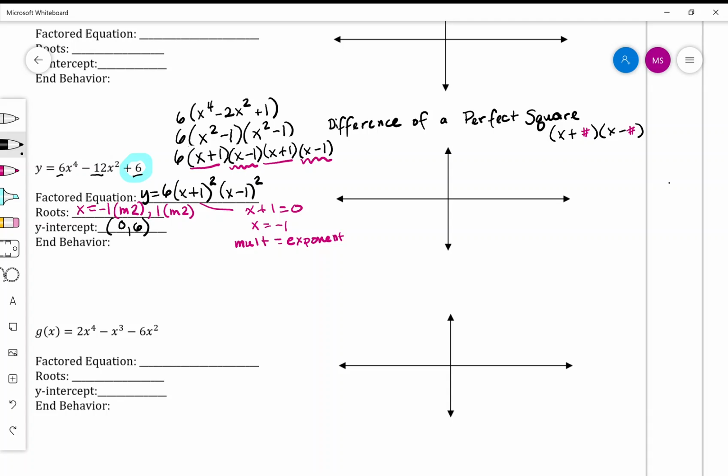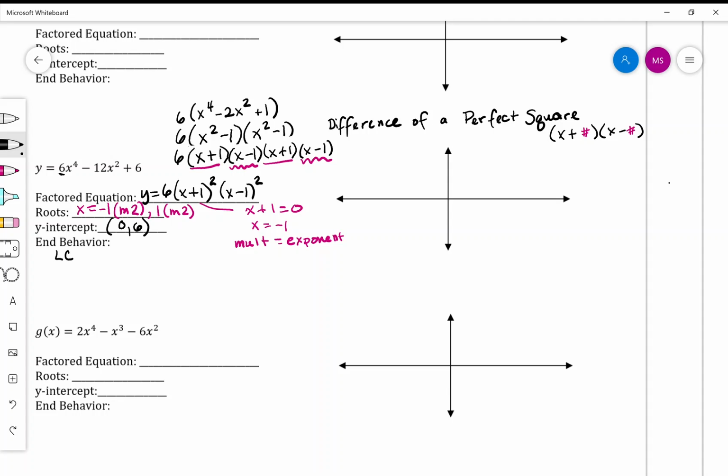And behavior. Okay, so let's go back to the basics. Your leading coefficient is right here. And again, you can do this in standard form or factored form. Standard form is actually easier to look at. So I'm going to go ahead and erase everything so that it's nice and clean for us. So your leading coefficient, again, is the first number.